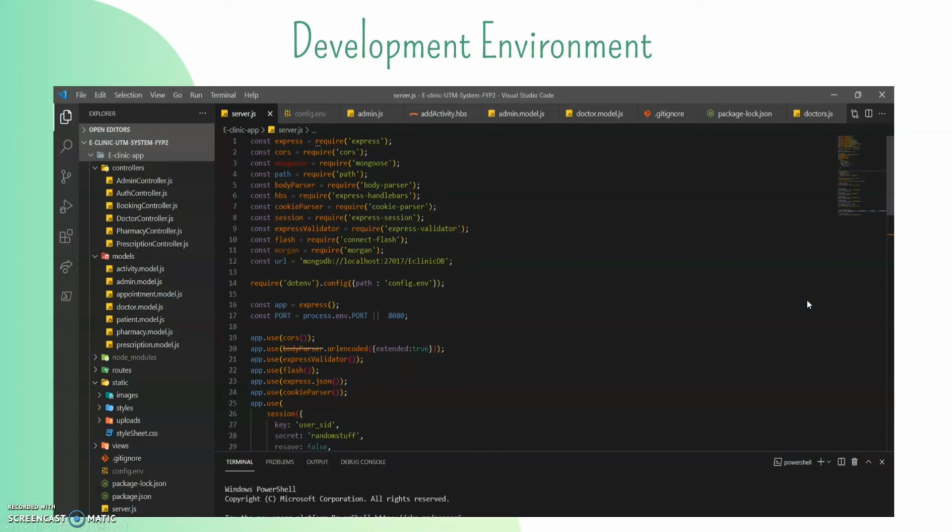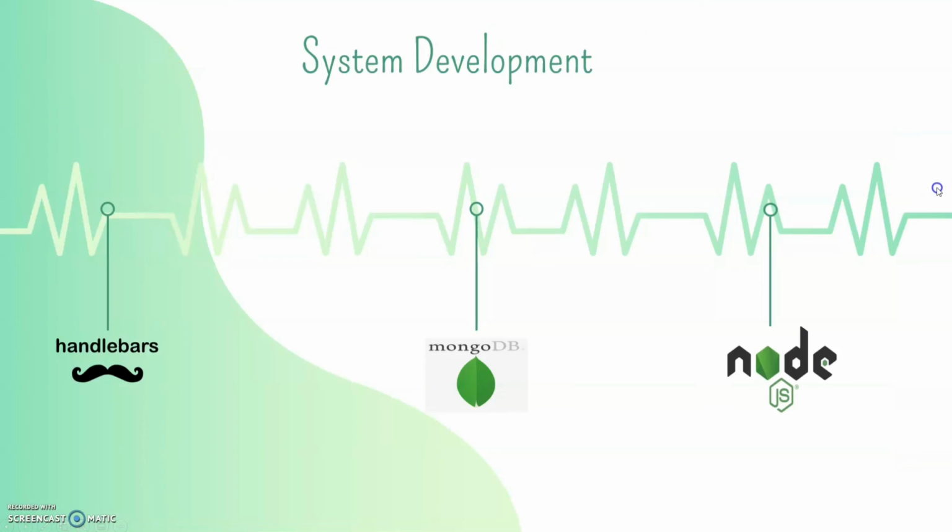Yeah. So let's move on to the development environment. For all three phases, the front end, back end, and making the schemas, I mean the model, the development environment used is Visual Studio Code, which is really helpful and efficient to use as the IDE.